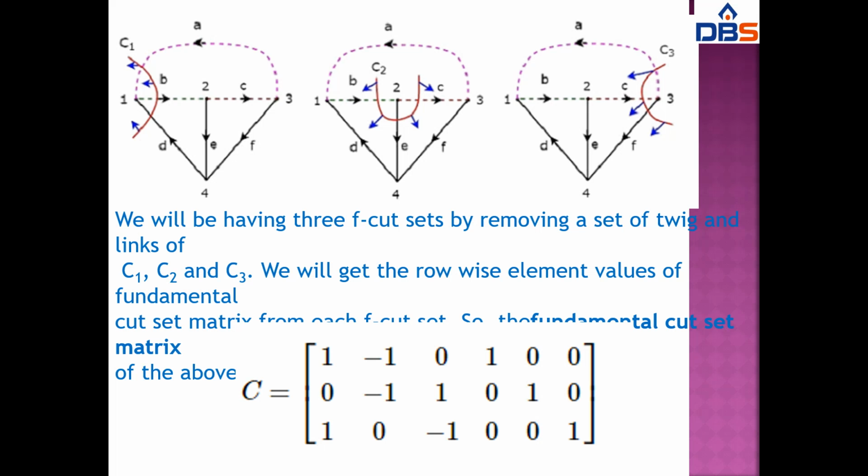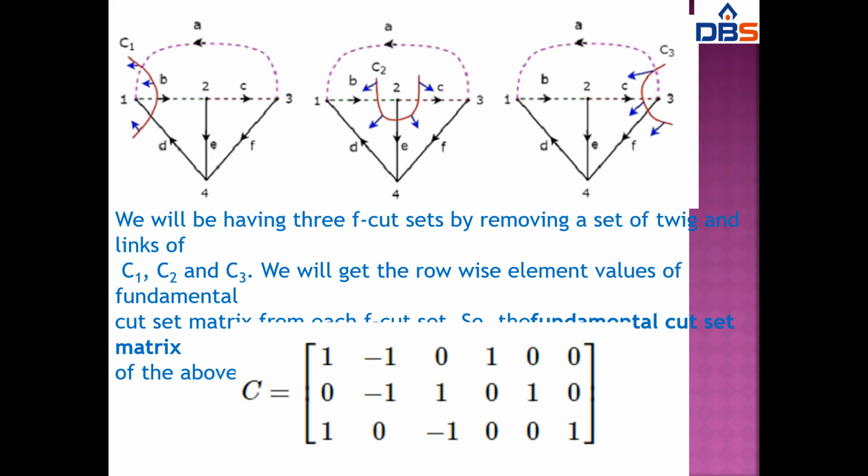So for D, the link direction and tree branch direction will be the same. Whatever the tree branch direction, you put that direction. For D, same direction, put it as 1. For B, it will be opposite, put it as minus 1. For A, same direction, 1. Remaining will be 0.